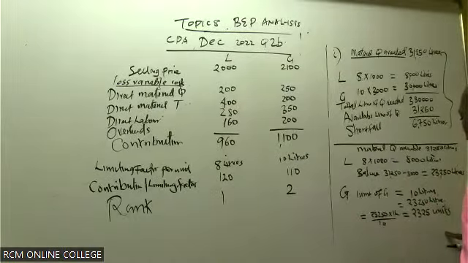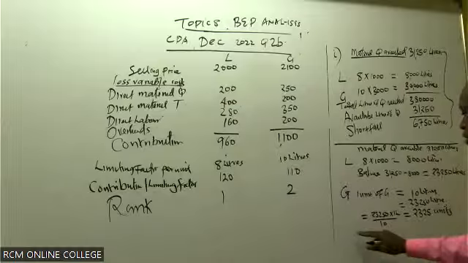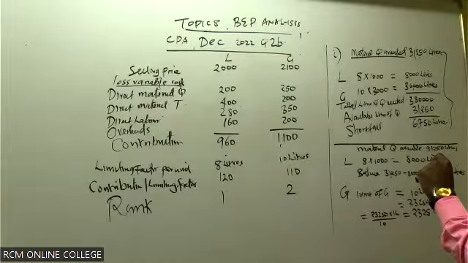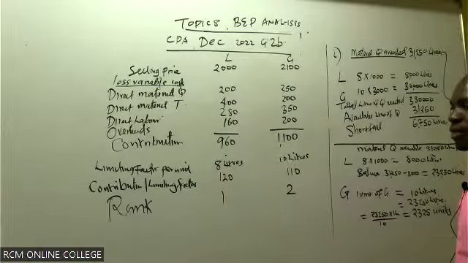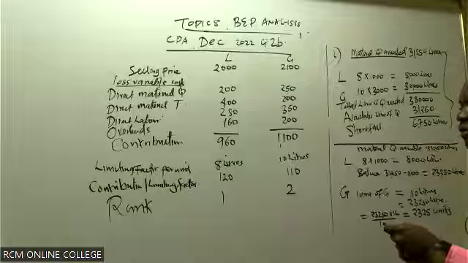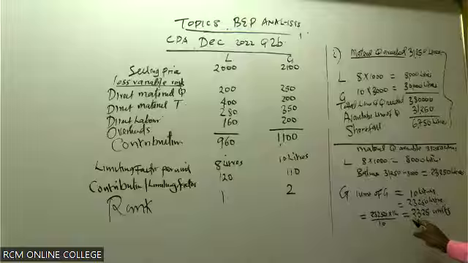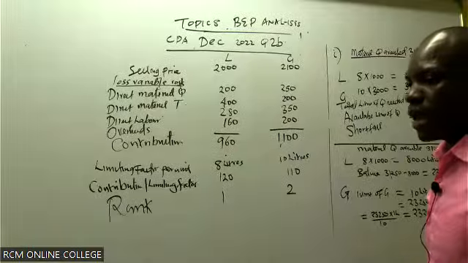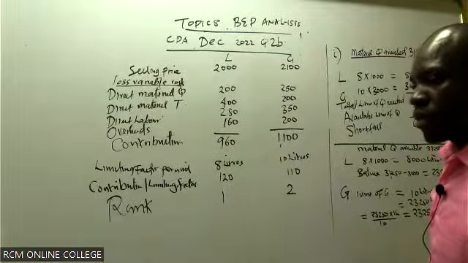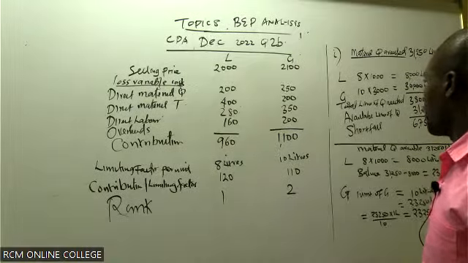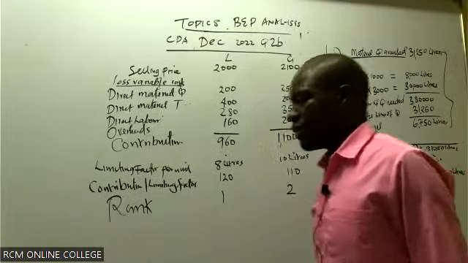How many units will they not be able to produce? Because they can only produce 2,325, but the total demand was 3,000. So 3,000 minus 2,325, tunabaki na ngapi? 675.